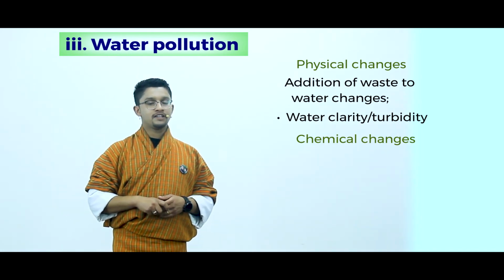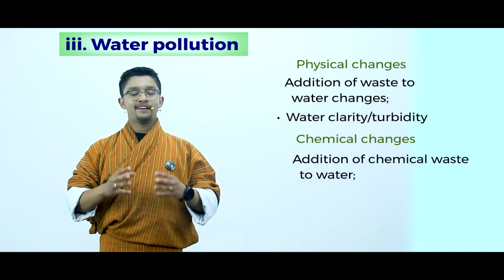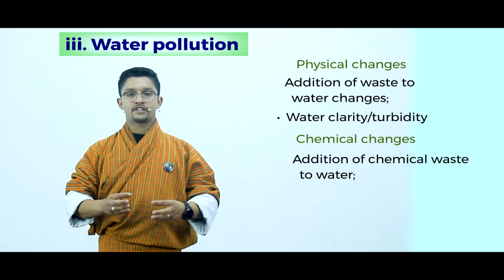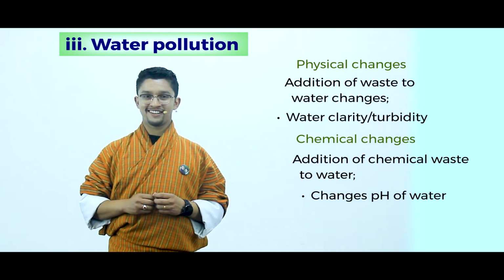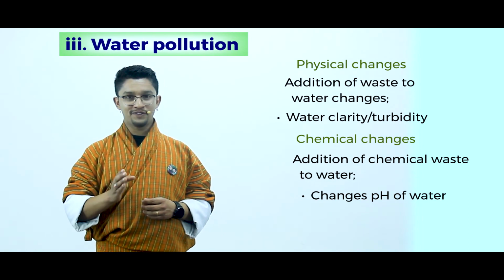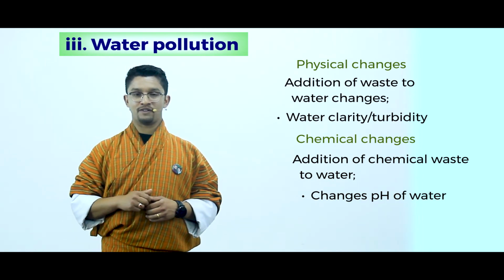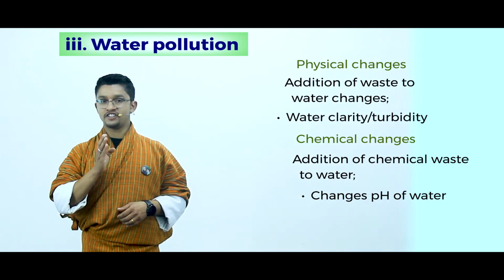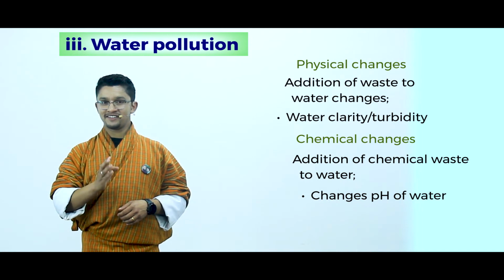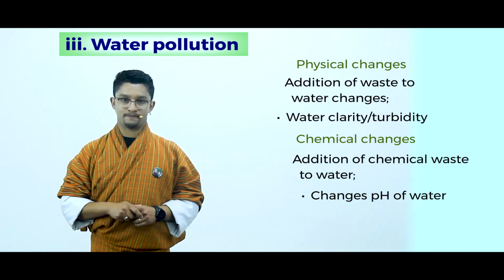Second, if some chemical substances are added to water, then the pH of water will change. If the pH of water is changed, it can alter the oxygen composition of water. And if the oxygen composition of water is changed, then organisms cannot survive in water.